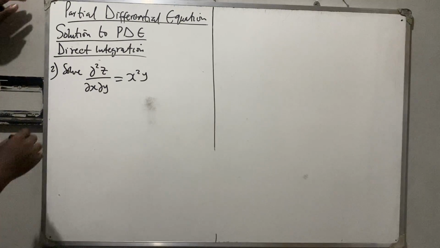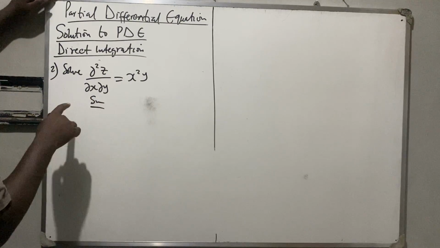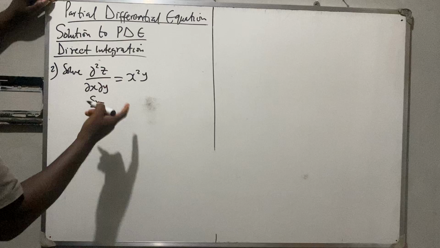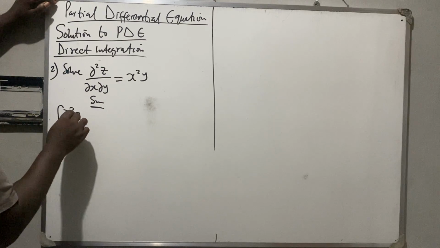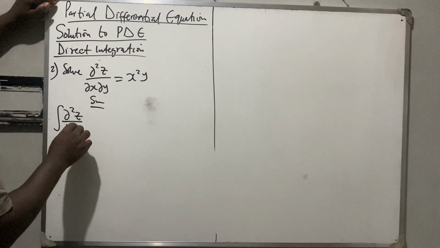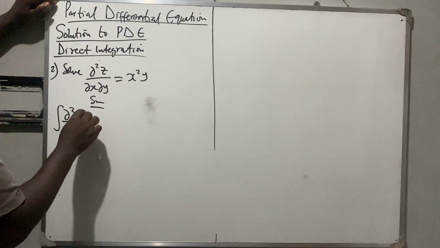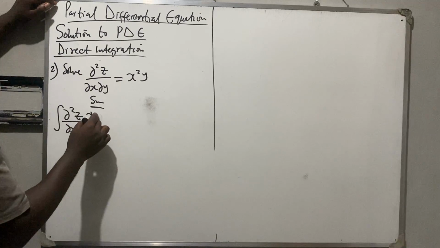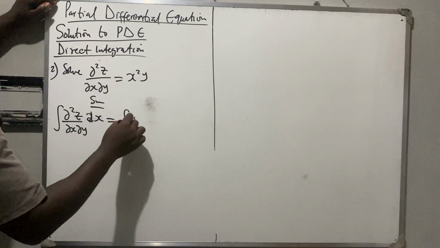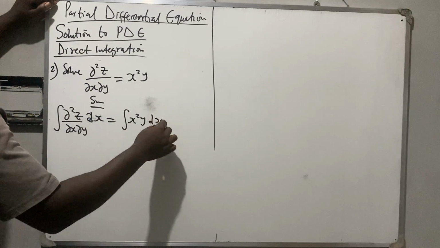It is very simple. The same method again: we're going to integrate with respect to x and integrate with respect to y. So to integrate with respect to x first, I have partial squared z over partial x partial y with respect to x equal to the integral of x squared y with respect to x.